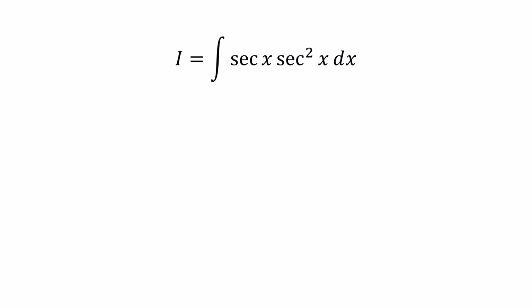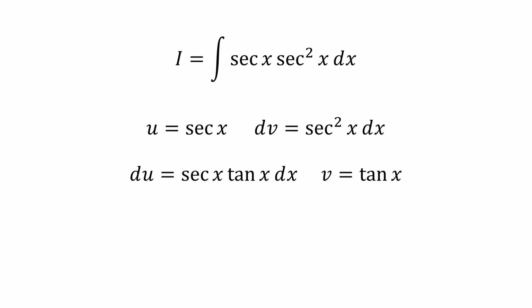Now we integrate by parts. Choose u equals secant of x and dv equals secant squared of x dx. Then du equals secant of x tangent of x dx, and v equals tangent of x.